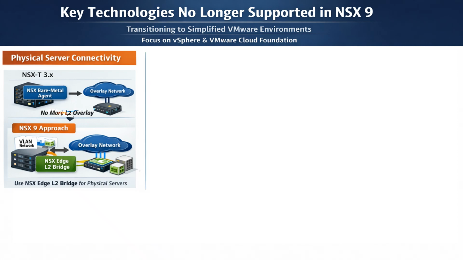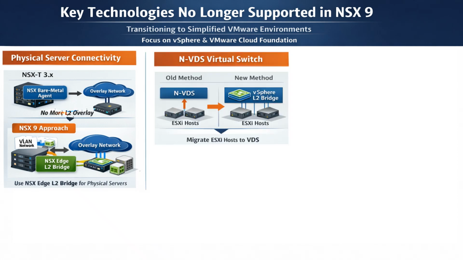Now, let's talk about the second change, the N-VDS virtual switch. In earlier NSX-T versions, VMware used a special virtual switch called N-VDS on ESXi hosts, but this technology has been removed now.